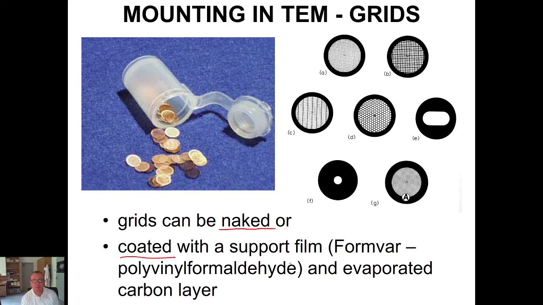They can be coated by a support film to improve the adhesion of tissue to the material of the grid, to the metal. It is like adhesion substances in light microscopy which are applied on the glass.